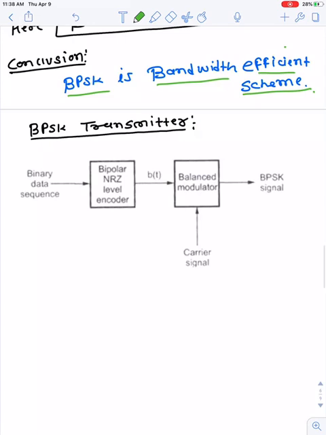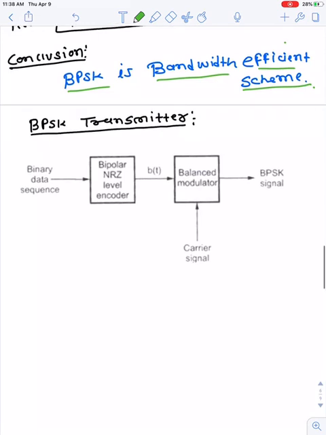Now we discuss the BPSK transmitter. In this diagram, the BPSK transmitter takes the bits 1 and 0, which are basically an on-off signal, and these bits are converted to a polar signal.